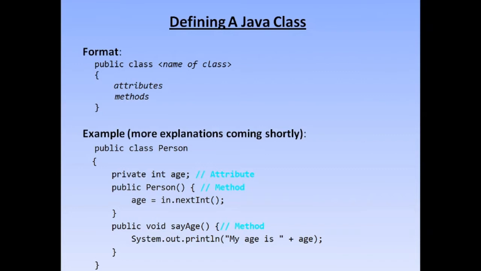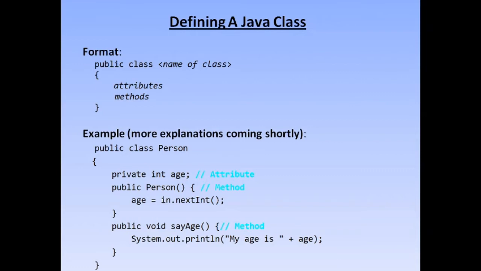Now, for defining a class in Java, there can be attributes or methods inside a class. Here you can see the example of a person class that has age defined as an integer and private; public and protected are the scopes. I will deal with it in the next lecture.